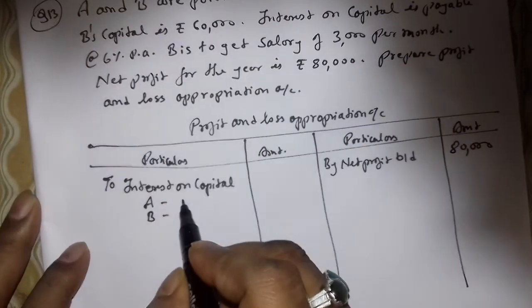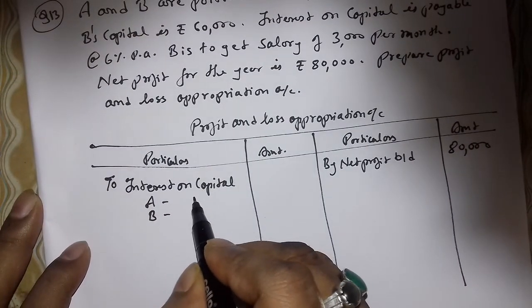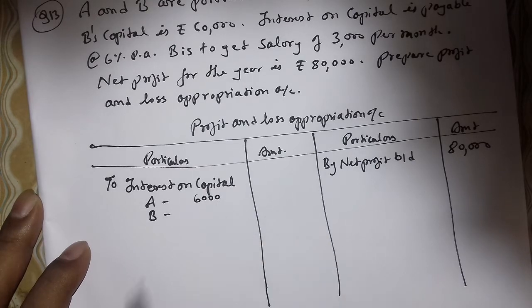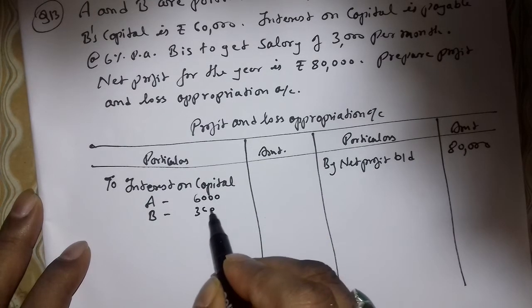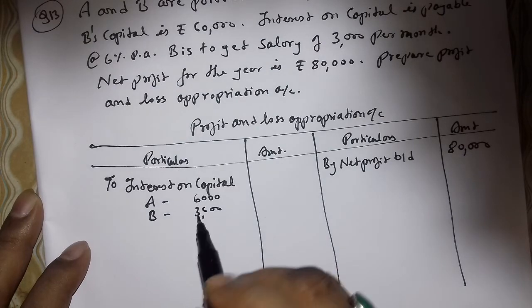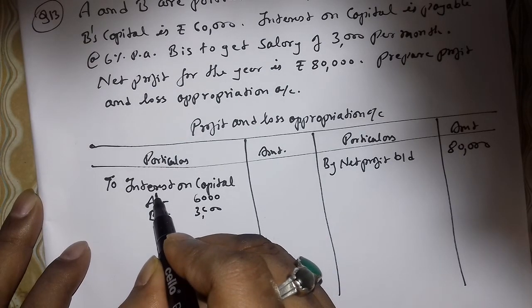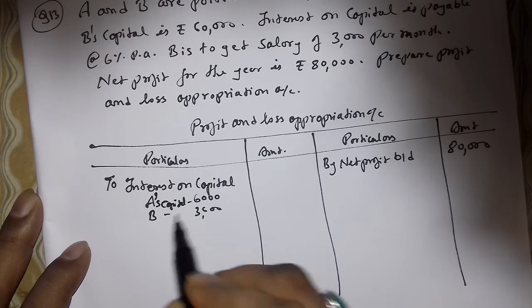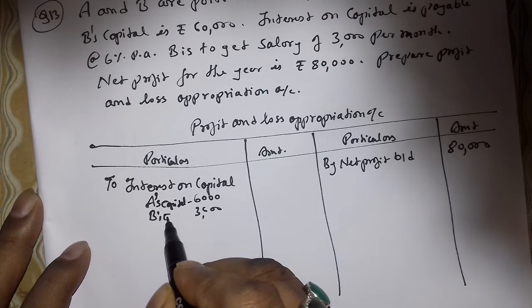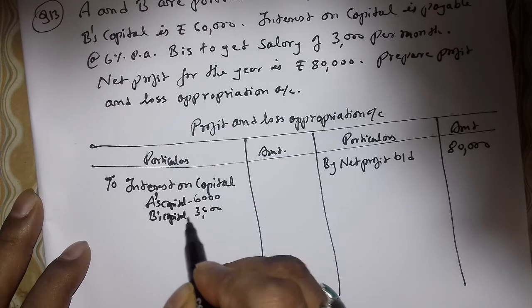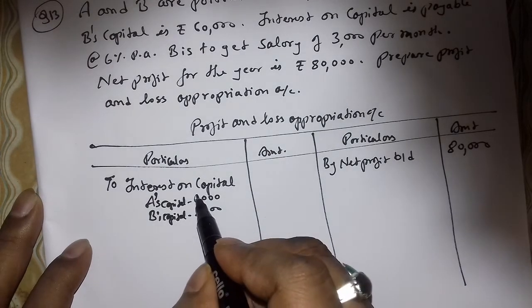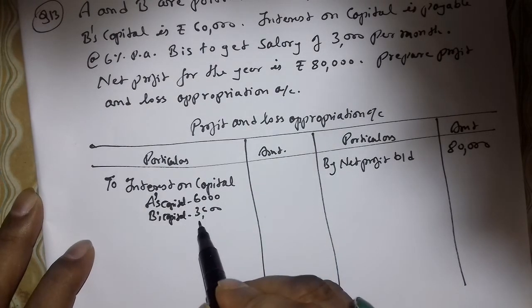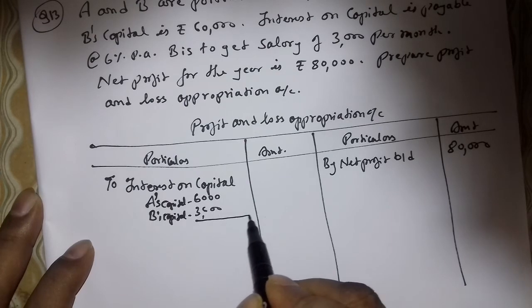So here you have to write 6,000 and 3600. Here you have to write A's capital. Basically you have to write A's capital, because it will be transferred to their capital account. Whatever will be given to the partners will show in their capital account.